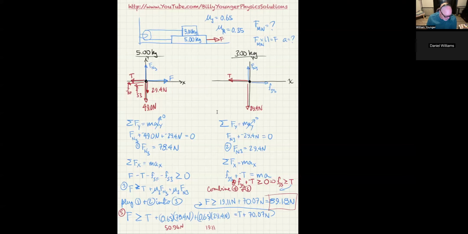So the 29.4 turns out to be the FN3 later. Actually, no, I think I had the friction force of 5 on 3. It was just when I was doing the free body for the 5 kilogram, I didn't account for the resistive force of the friction of 3 on 5.